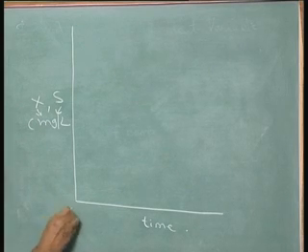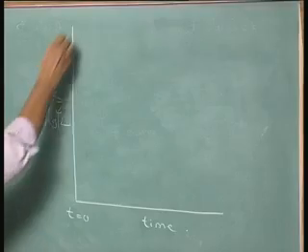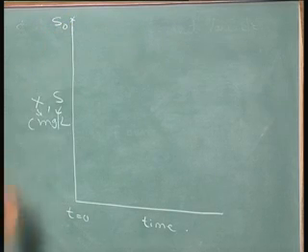At time t equal to 0, the concentration of S would be S naught, the maximum concentration. S naught is the concentration of the substrate.